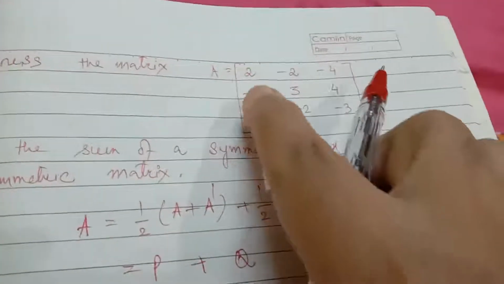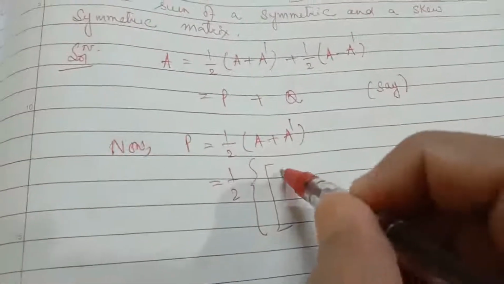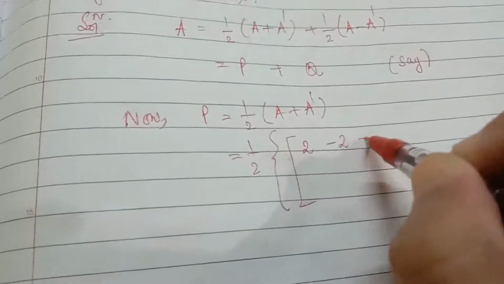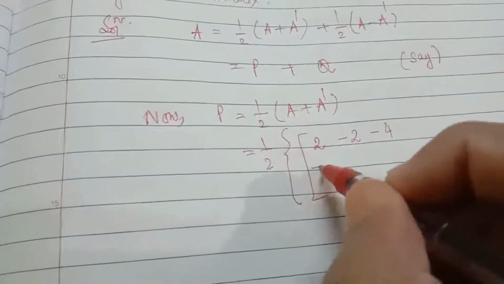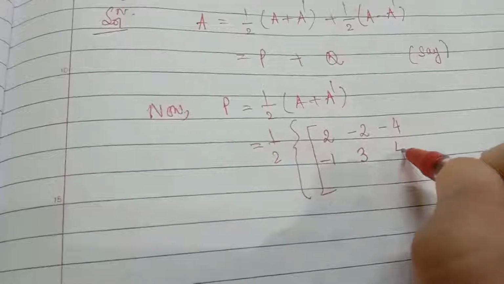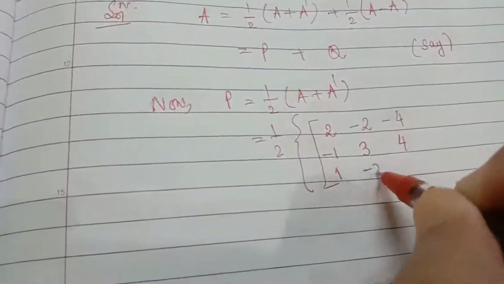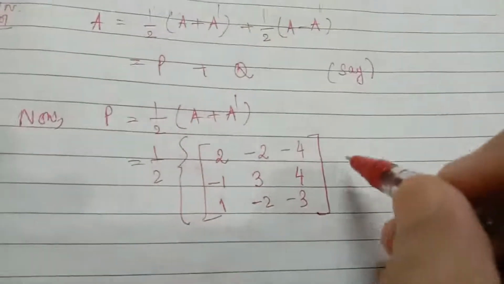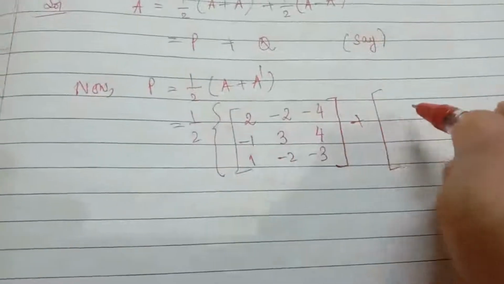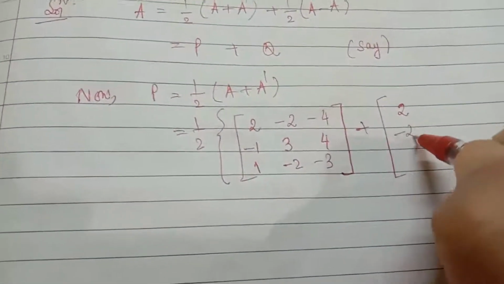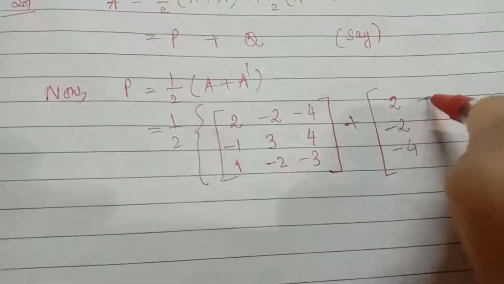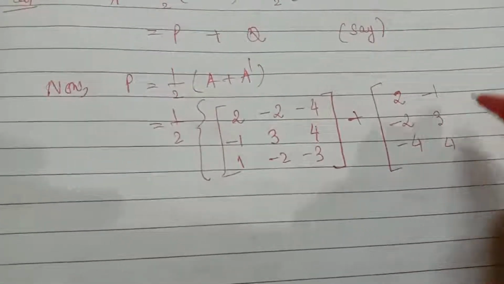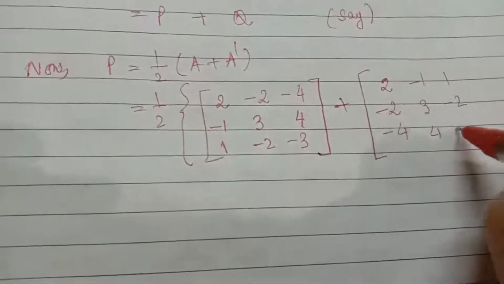our matrix A is this. First row is 2, minus 2, minus 4. Second row is minus 1, 3, 4. Third row is 1, minus 2, minus 3. This is our matrix A plus A dash. A dash means you have to write the first row as first column: 2, minus 2, minus 4, minus 1, 3, 4, 1, minus 2, minus 3.